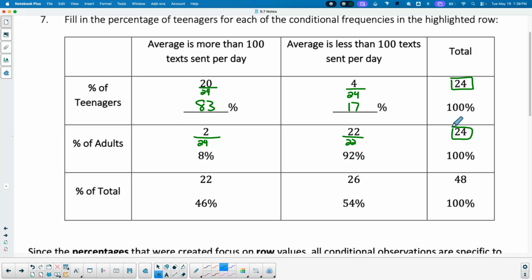Punch it on the calculator. 2 divided by 24, does it get you 8? 22 divided by, excuse me, yes, 22 divided by 24, I put 22 divided by 22. Just notice that. 92%. Okay. Percentage of the total, 22 divided by 48 is 46%. 26 divided by 48 is 54%.